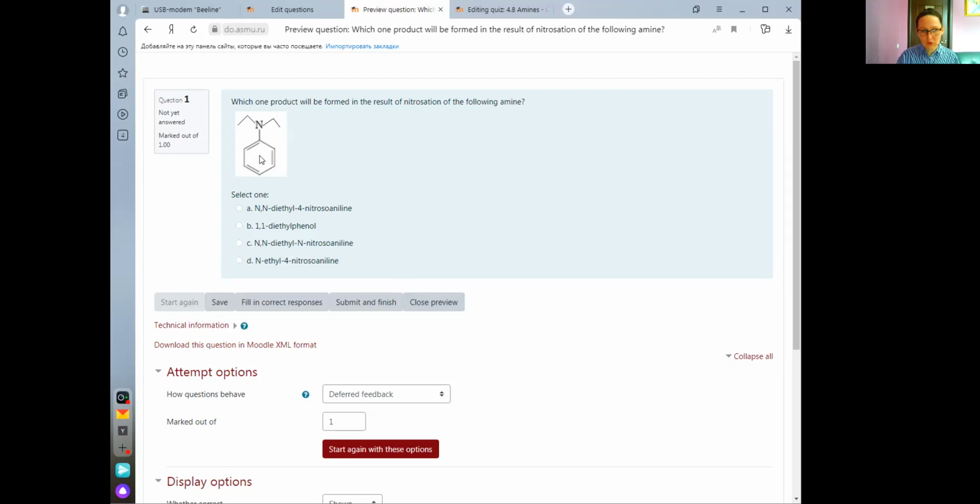So when you look at the structure of the given amine, your task is to identify the type of this amine: primary, secondary, or tertiary, alkyl or aryl. When you see a benzene ring, it means aryl amine. When you see both hydrogens substituted close to nitrogen, it means tertiary amine. In the case of tertiary amine, we have the nitroso group in the para position, which means carbon number 4, because it will be number 1, 2, 3, 4.